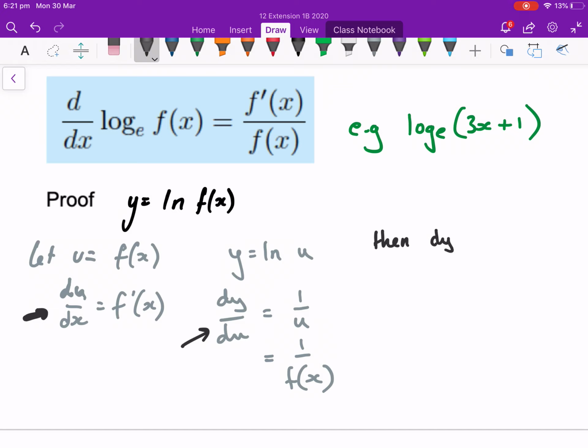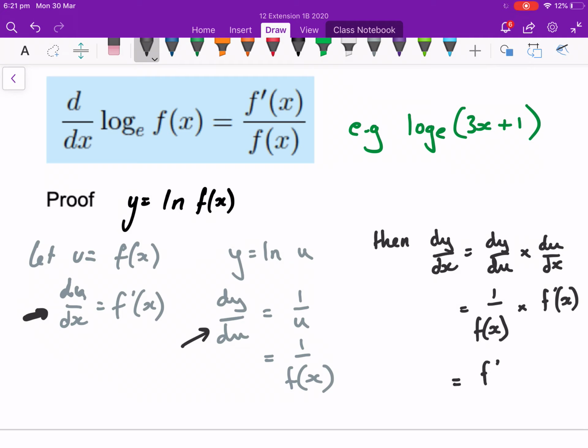Just a reminder, using the chain rule, dy on dx is equal to dy on du times du on dx. dy on du is 1 on f of x, and du on dx is f dash of x. So when we multiply these together, we get f dash of x on f of x.